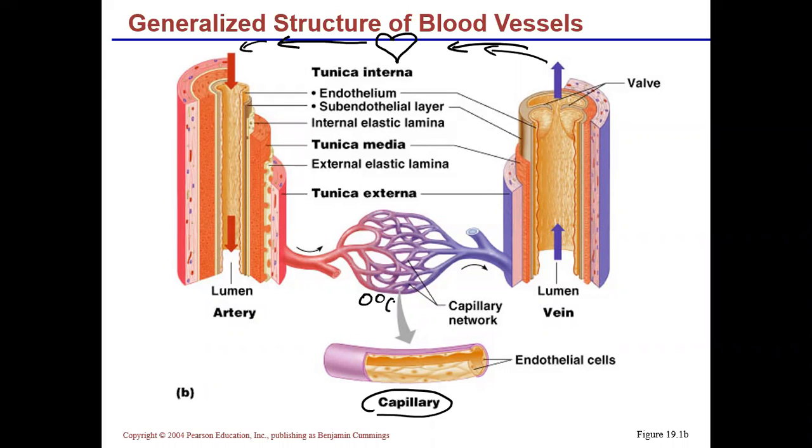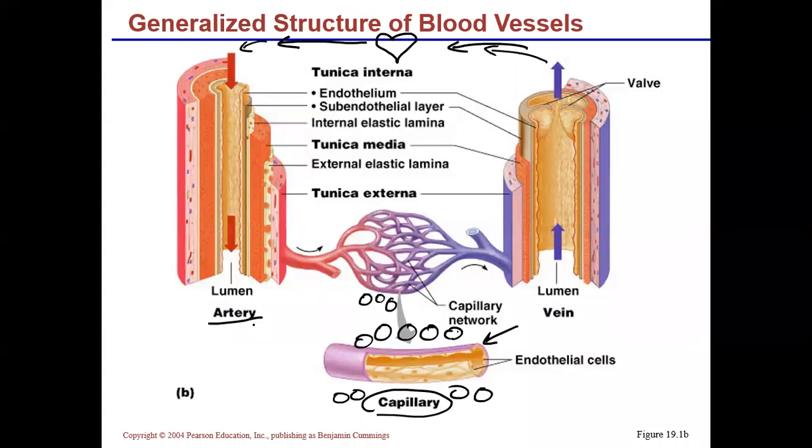In other words, there are cells nearby these capillaries, all right? And due to having a very thin layer, this allows the exchange of substances to take place. So that was the direction part.